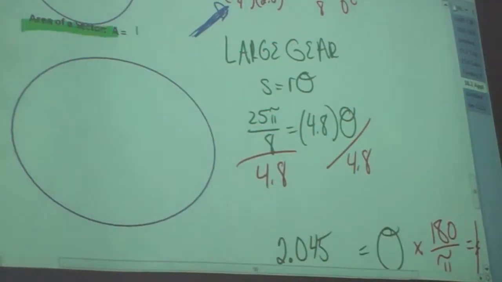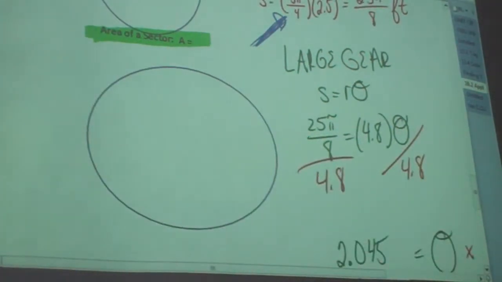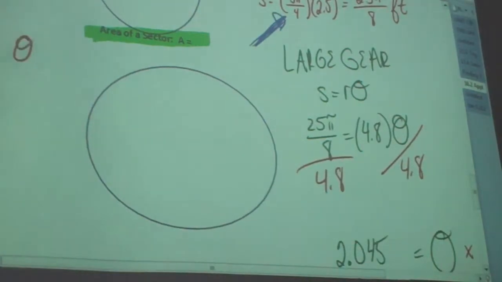Now we need to go up here. Like I said, I didn't leave you much room for that. Do you guys remember how you found the area of a sector? It's like theta over 360 times the area of a circle, which is pi r squared.